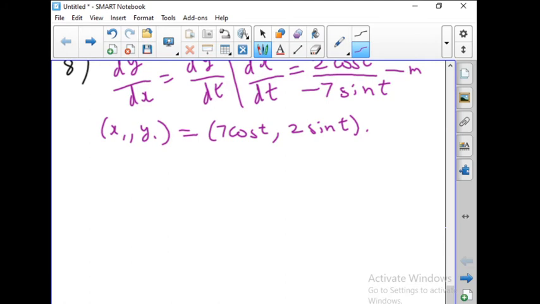So now we will go to the next topic, that is angle between two curves. This is a subtopic.